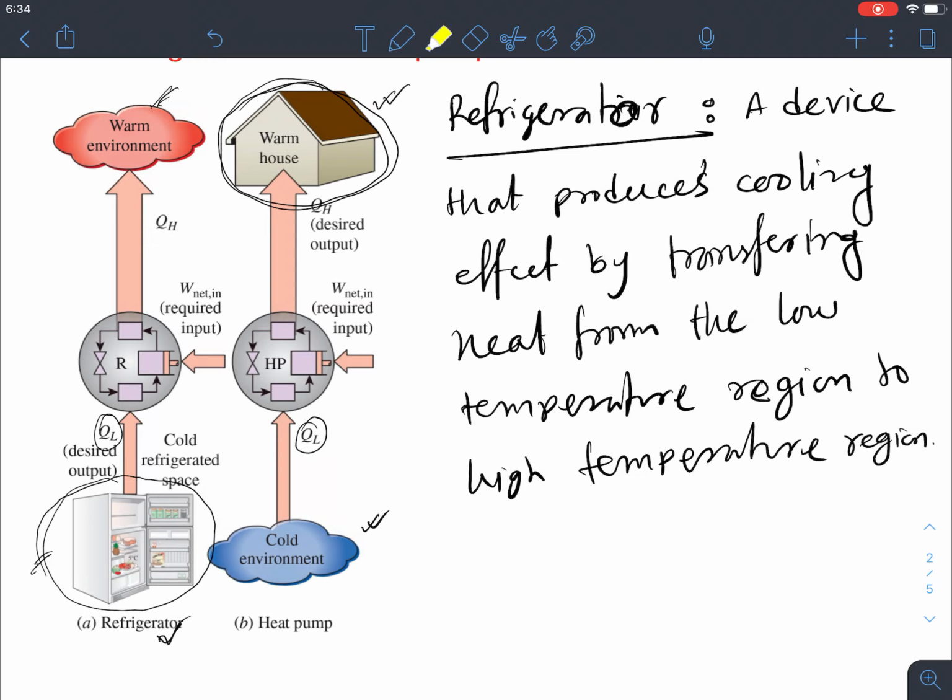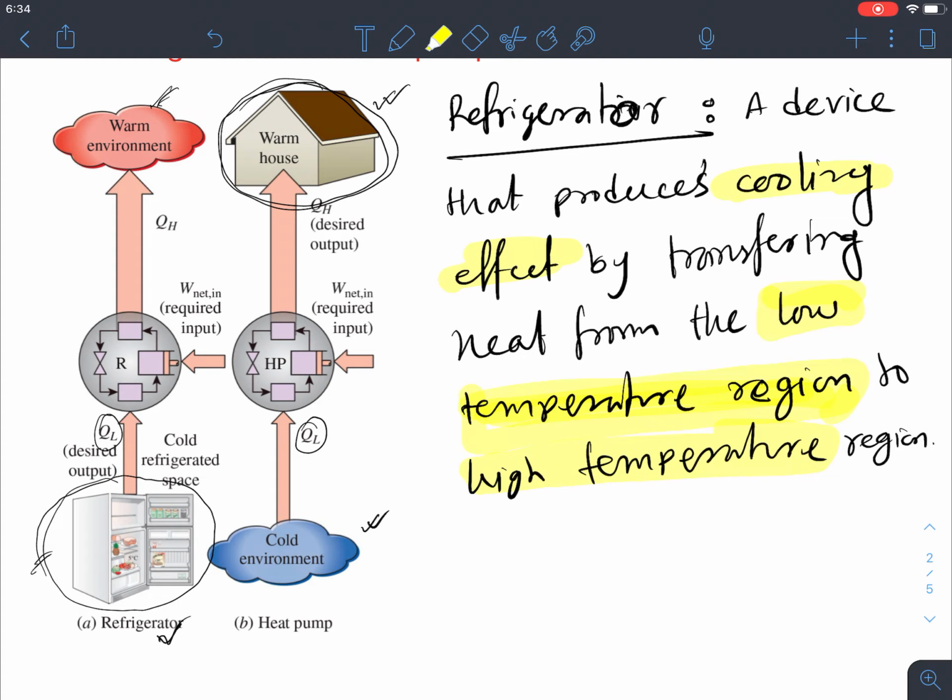It is a device that produces the cooling effect, first of all, and then it works between a low temperature reservoir and a high temperature reservoir, right? So it basically extracts heat from the low temperature region to the high temperature region to produce the cooling effect. So that's the definition of the refrigerator.